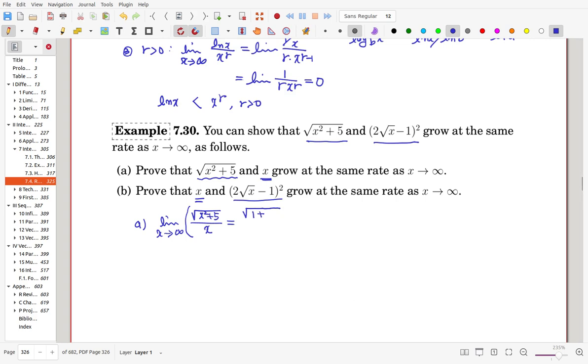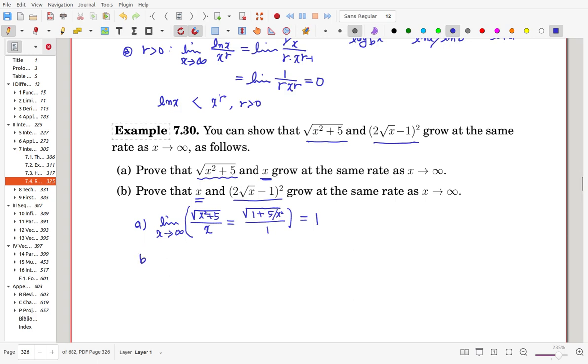So we get square root of 1 plus 5 over x squared, and the bottom is 1. As x approaches infinity, the value must be 1. That means square root of x squared plus 5 and x grow at the same rate.